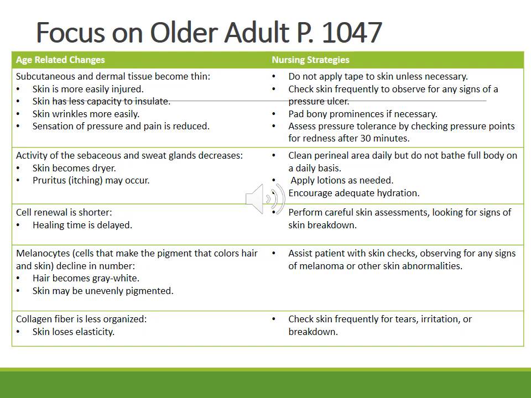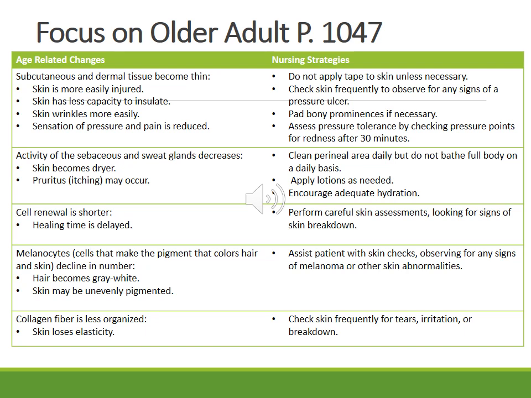As I previously stated, we would be going over a lot of talking about the elderly population when we talk about skin integrity. This table is in your book. It's on page 1047. And I included it in this PowerPoint just to give you a way to identify some age-related changes you may see with an elderly person in their skin, and then nursing strategies that we can implement to assist with that.